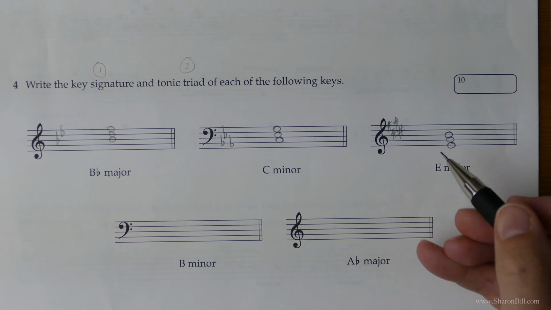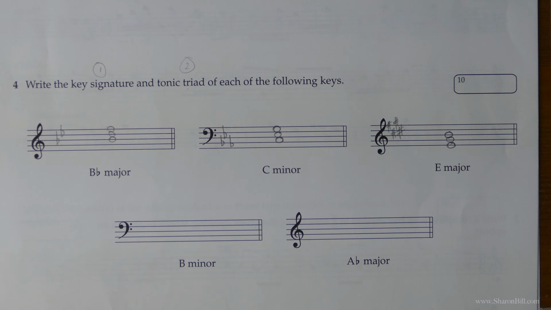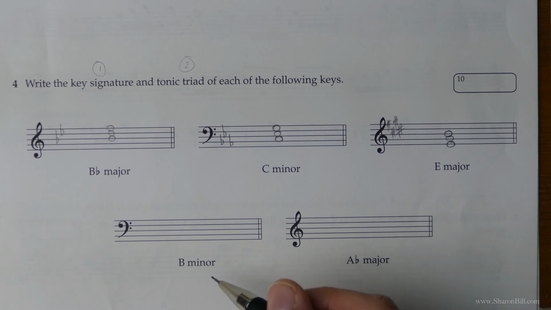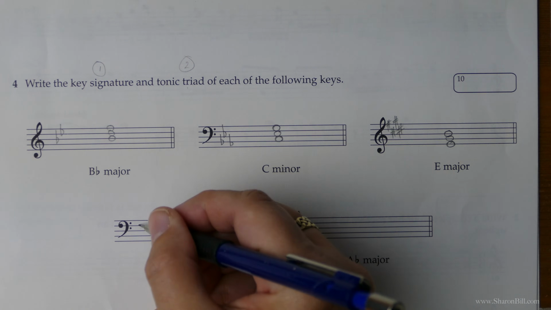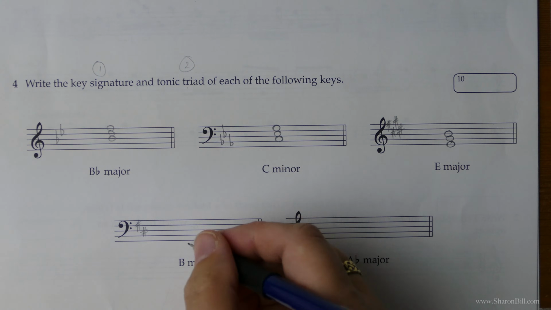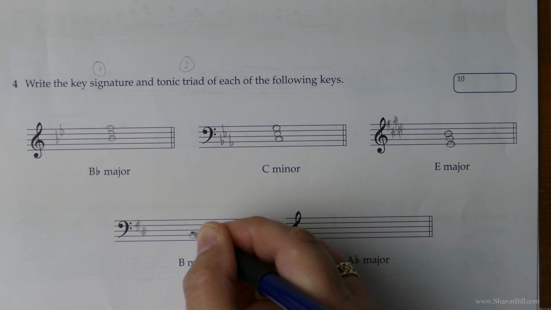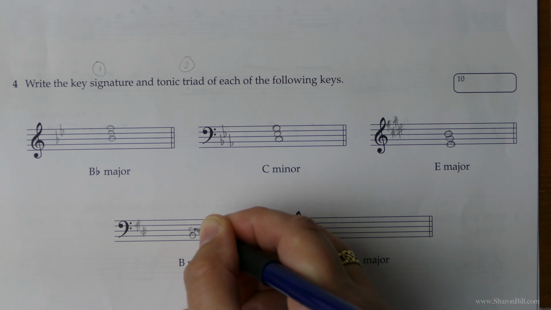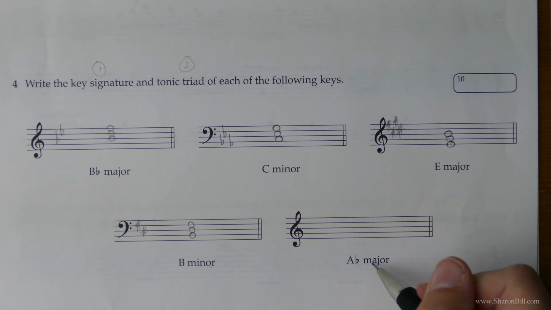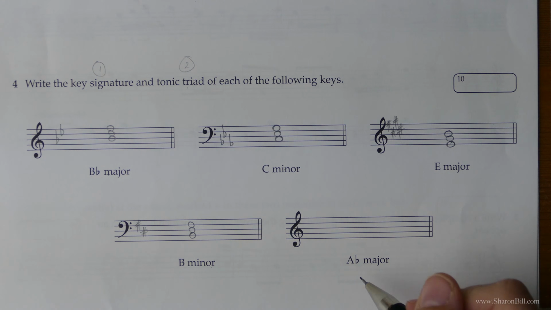There we go. Of course it's G sharp. Your key signature deals with that. So B minor is related to D major, which has a key signature of 2 sharps, F sharps and C sharps. So we need our tonic, which is a B, and then first, third, fifth, and then A flat major has a key signature of 4 flats.